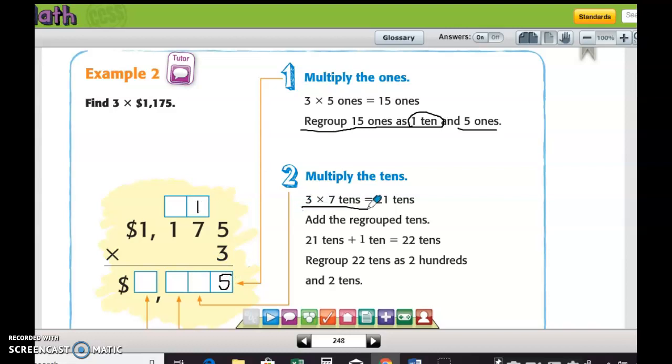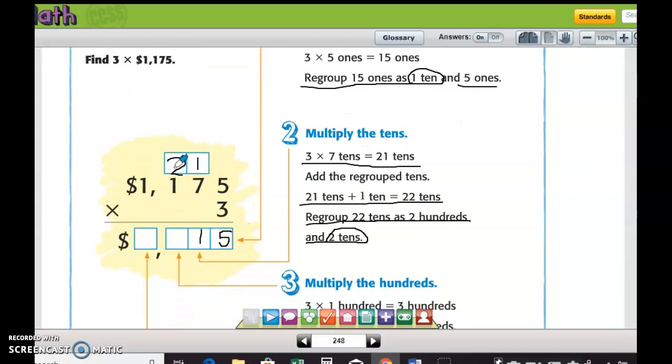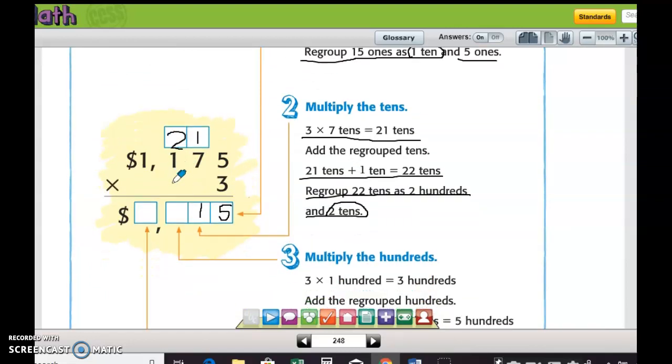Now I'm going to do 3 times 7 is 21 tens. I'm going to regroup twice, which is kind of confusing. 2 tens. So I'm going to have 2 tens over here. And the 1 there. Next step, I'm going to multiply my hundreds place. 3 times 1, but that's not the end of it.